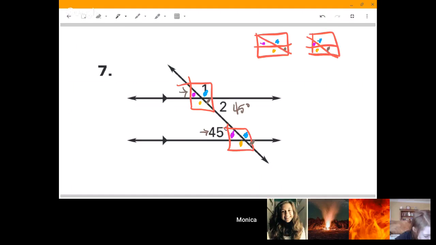And then angle 1 and angle 2, we can tell what relationship they have. There are 2 angles that are side by side. They share a common vertex. So what kind of angles are they?